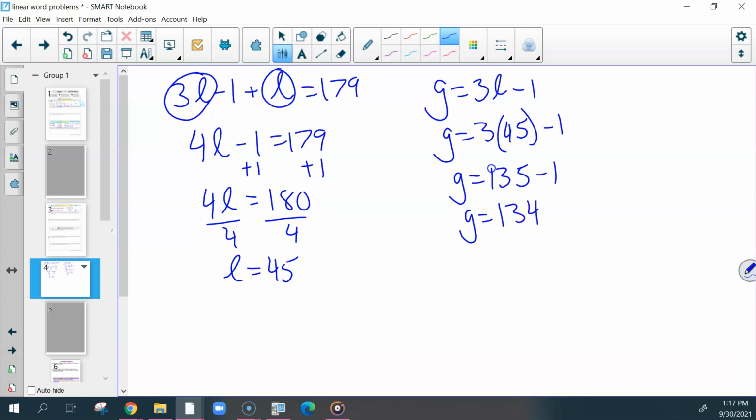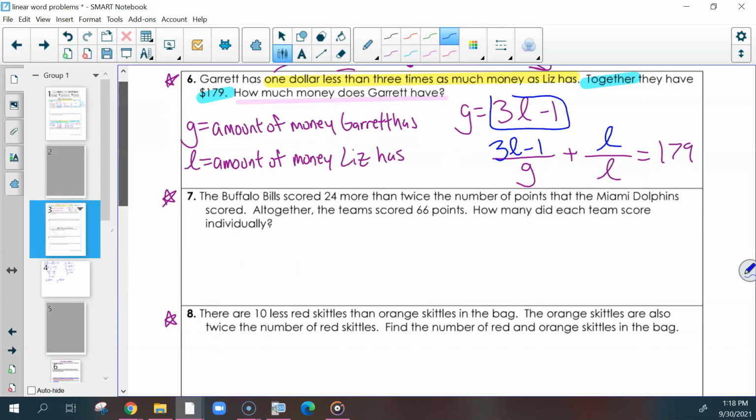Okay, so then my answers would be Liz has $45. Garrett has $134. So my units would be in dollars. And that would answer the question.